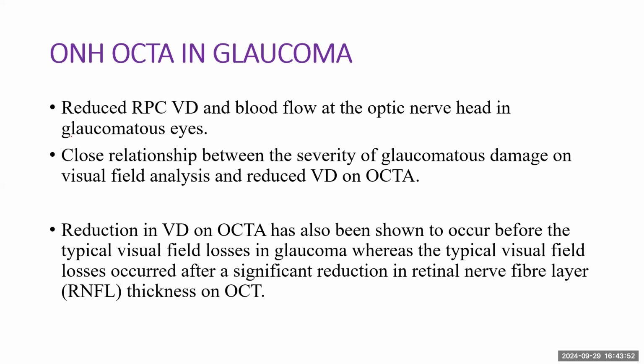It is thought, and it is shown, that having a disc hemorrhage is a sign of progression. Why that is true is because after the disc hemorrhage has cleared, the next thing you see in the retinal nerve fiber layer thickness is rake defects, meaning areas where the nerve fiber layers are lost around the area of the hemorrhage.